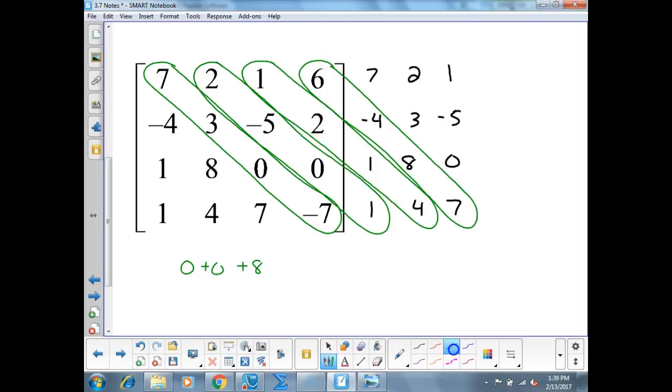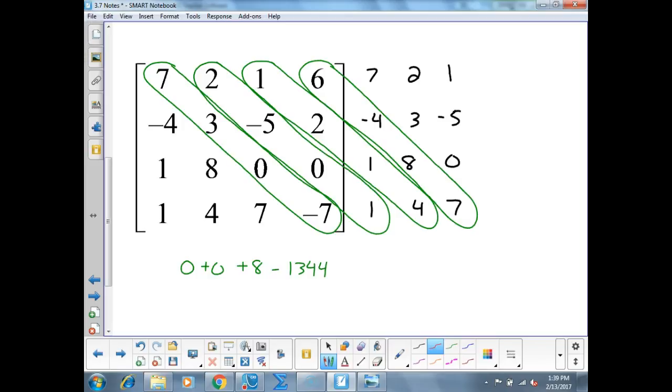You guys all have calculators in your hands? 6, -4, 8, and 7. What did you say? 344? Okay. Then what? Then you gotta cross it.